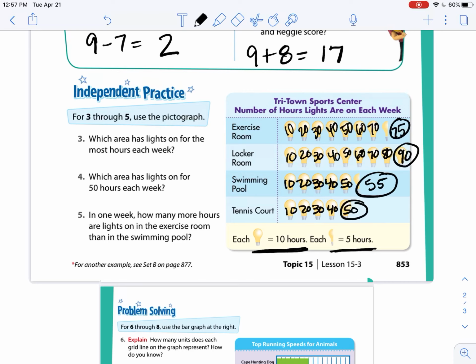Which area has lights on for the most hours each week? Well, that would be 90, so that would be the locker room. Number 4, which areas has lights on for 50 hours each week? 50 is at tennis courts.